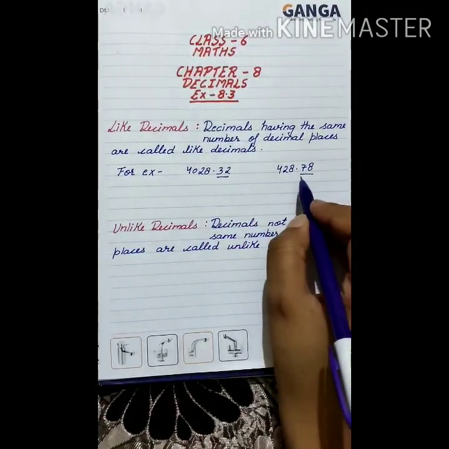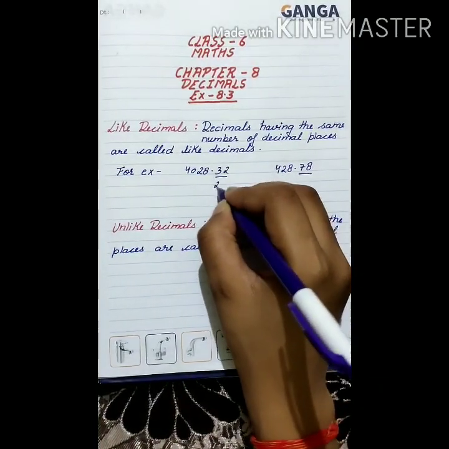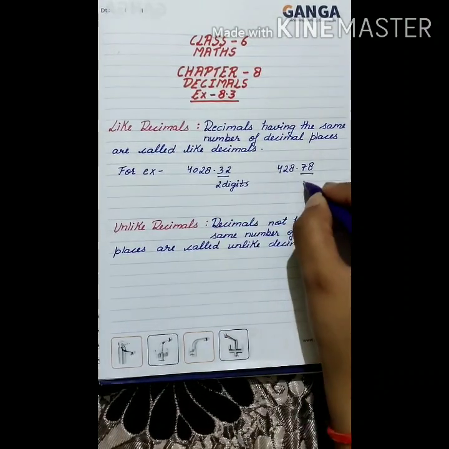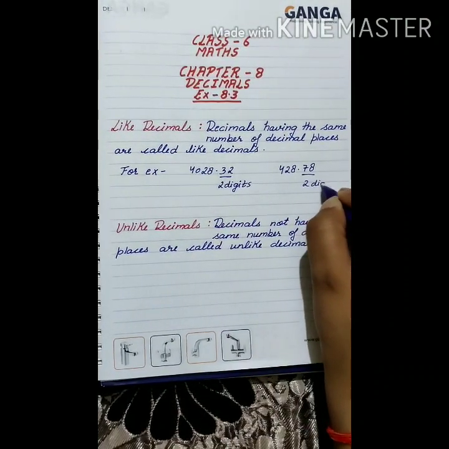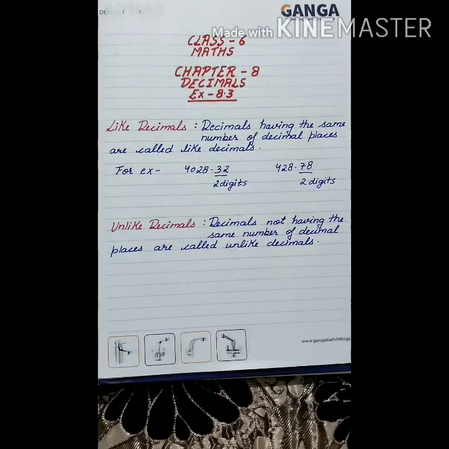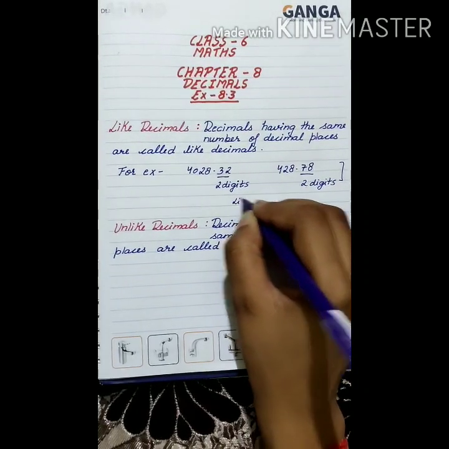If in both decimal numbers we have the same number of digits, here two digits and here two digits, that means they are like decimals.